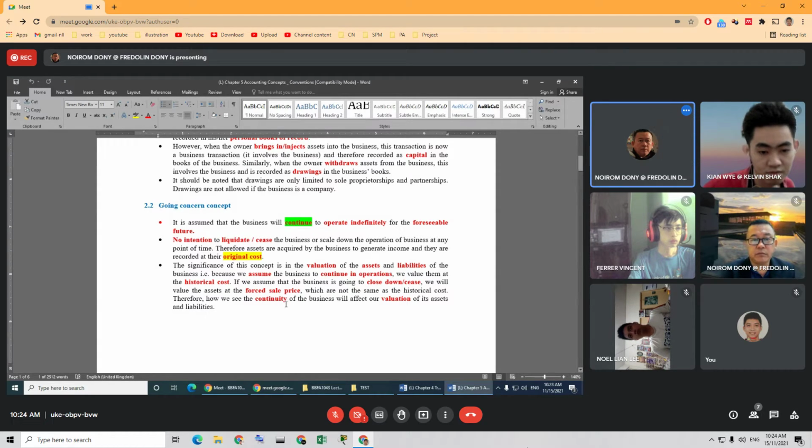That is why we record, especially the asset items, according to the original cost. When we record at the original cost, this is referring to historical cost. Historical cost means cost that you have already incurred from previous years, isn't it?